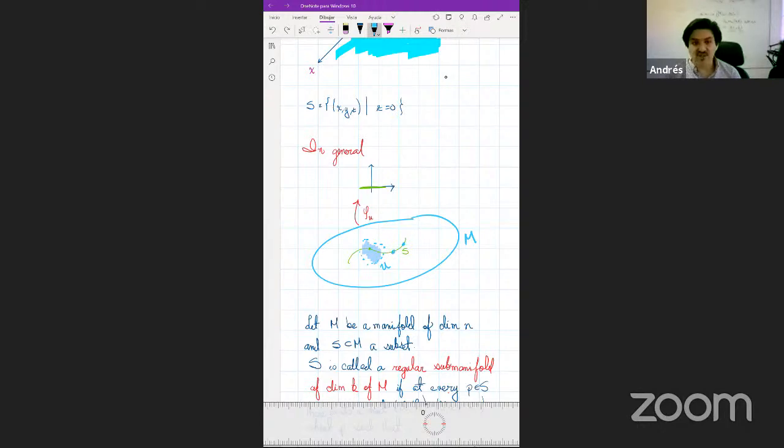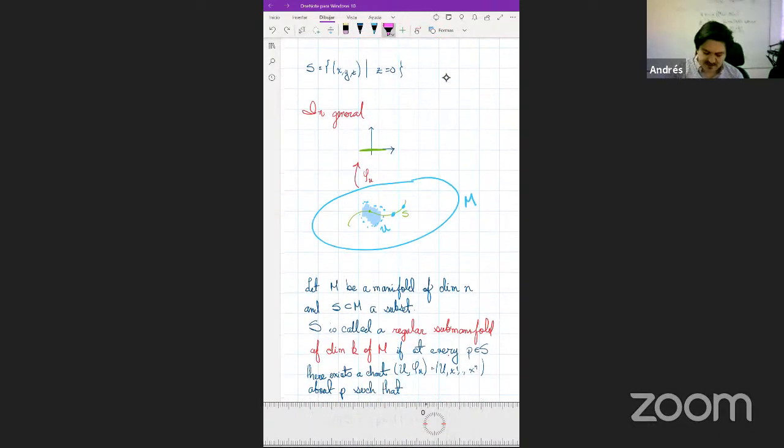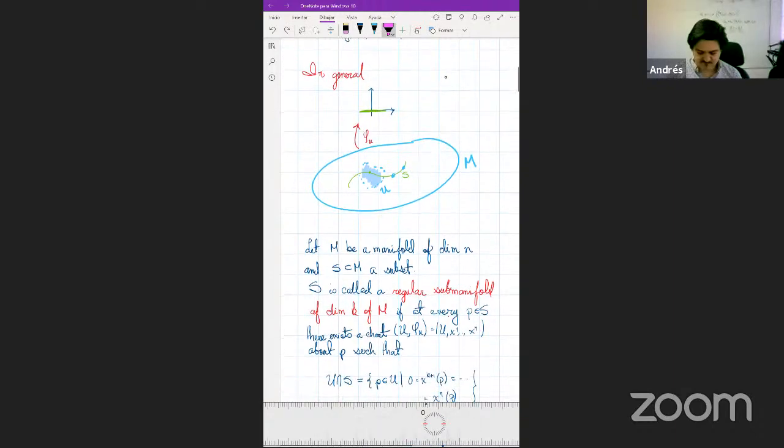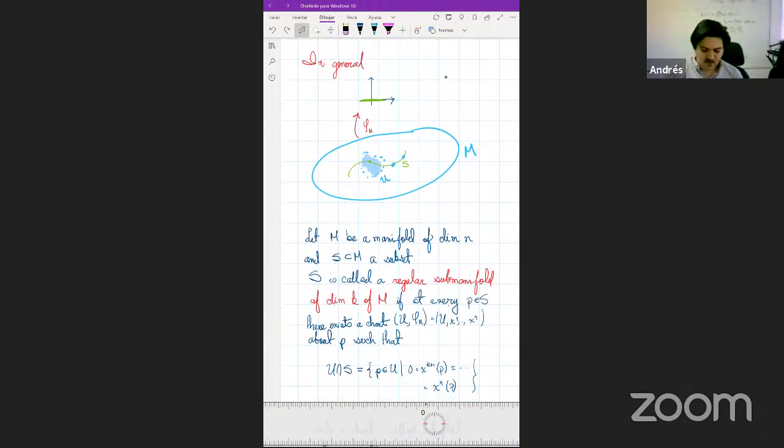you can find a chart. Charts here, we only have it on M so far. So you are able to find a chart, we will write it this way, such that when you restrict the chart only on S, this is what I drew here, restricted to that subset, the subset of S inside of U, you can describe it by the rest of the coordinates.